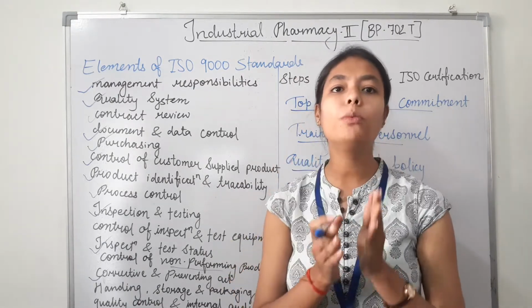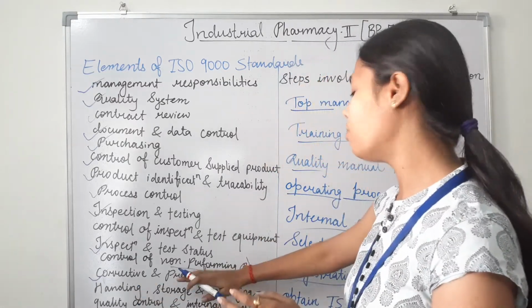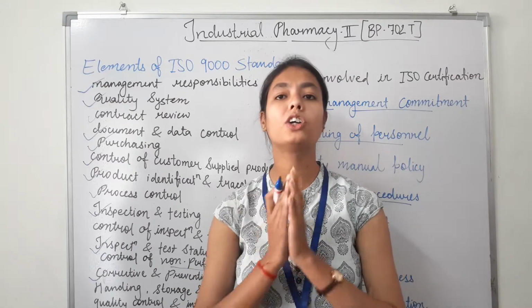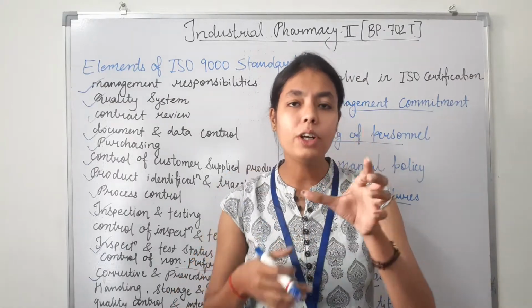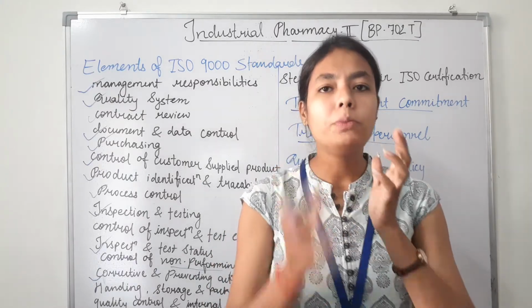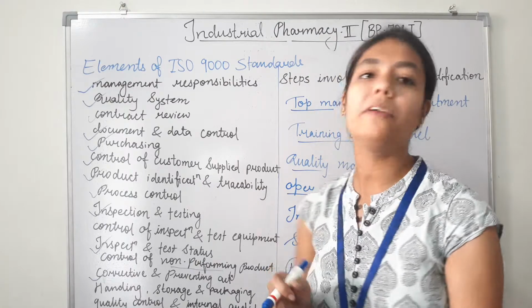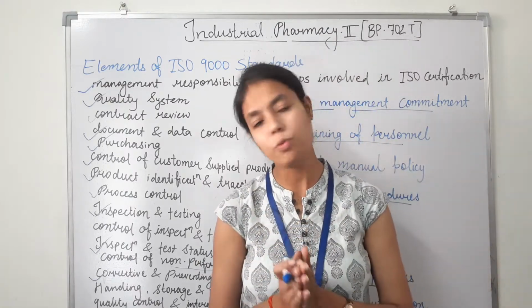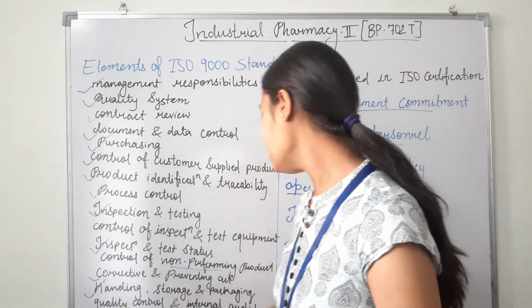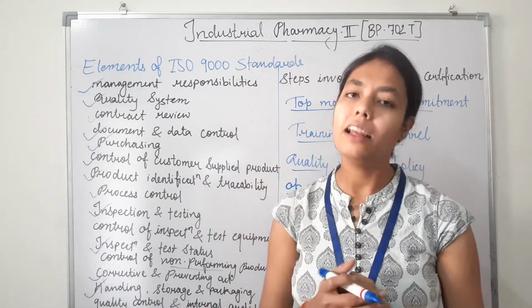So we have to plan corrective and preventive action in case of non-performing product, or if we talk about the process, whenever a loophole is observed in any process, then we have a corrective and preventive action for that particular loophole.